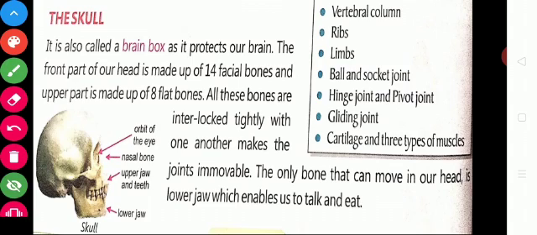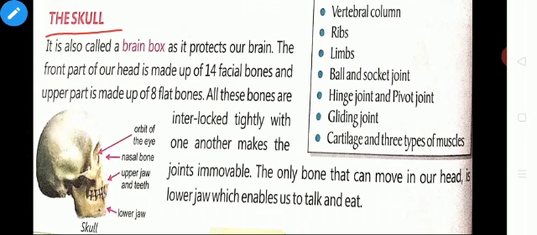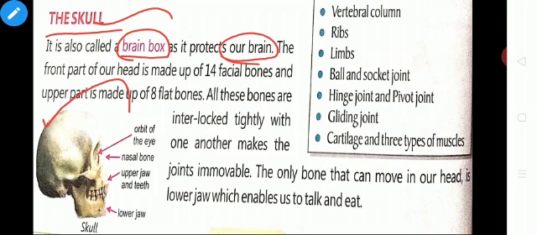First one, the skull. Skull is present in our skeleton. See this picture? This is the picture of the skull. It is also called a brain box. Which one is also called a brain box? The skull. The brain box or the skull protects our brain.